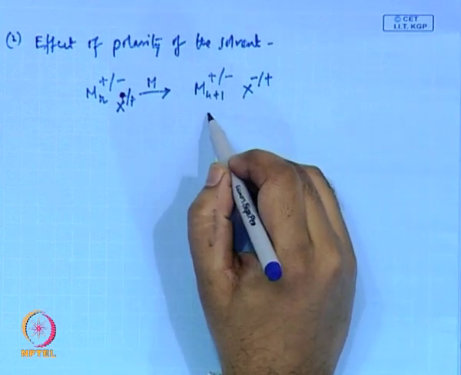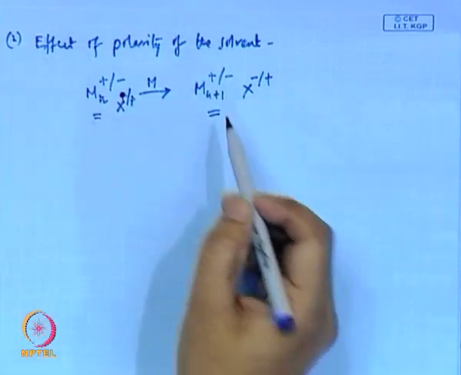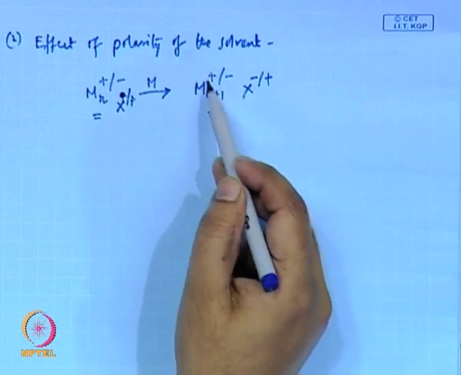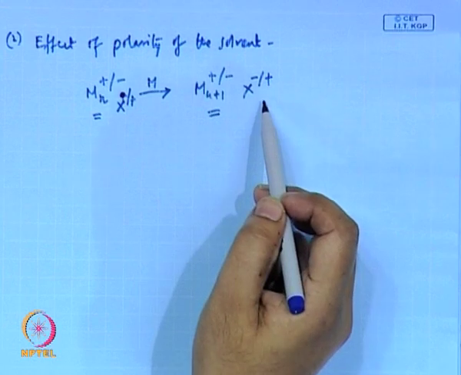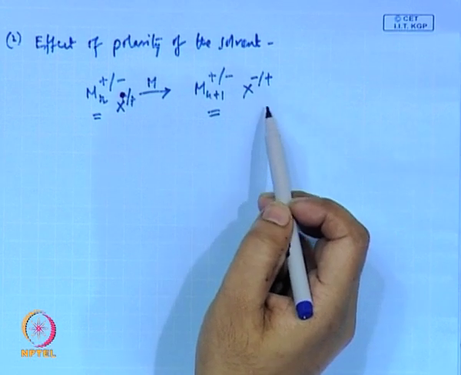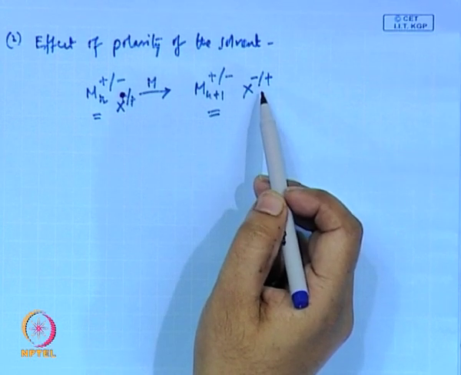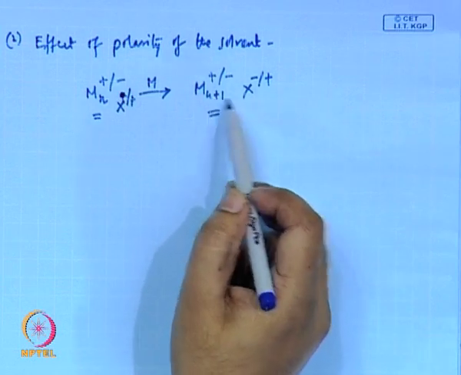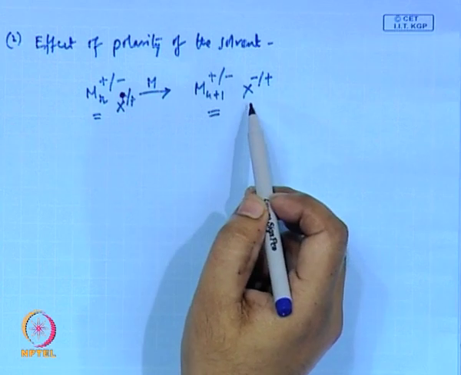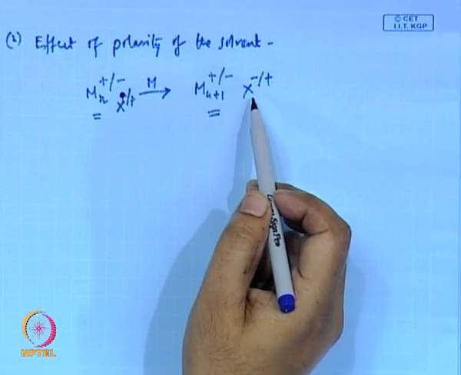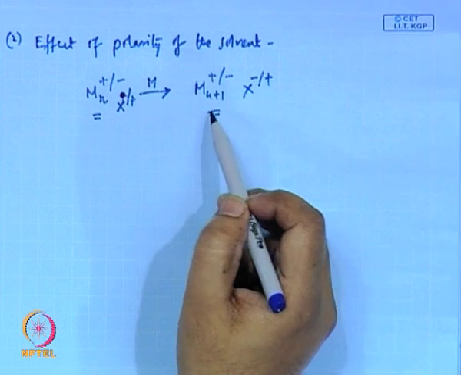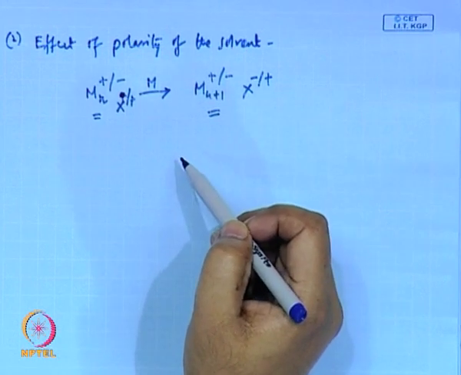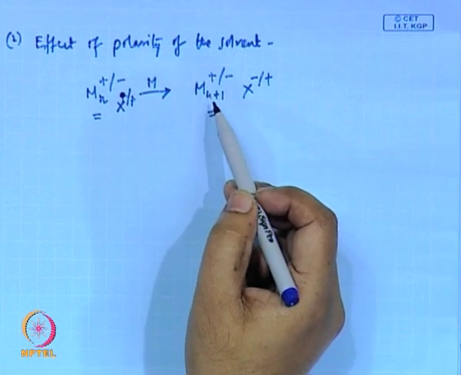This propagating chain, or this ionic group, is always accompanied by an oppositely charged counter ion. Depending on the association behavior of these two species, the active center and the counter ion, the reactivity of the propagating species varies.